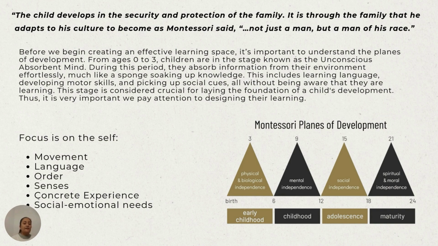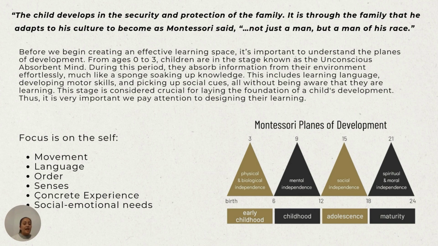Let's look at the planes of development that Dr. Montessori talked about. Dr. Montessori divided the planes of development into four areas. 0 to 6 is an early childhood time where Dr. Montessori explained that it's an absorbent mind. 0 to 3 is an unconscious absorbent mind.